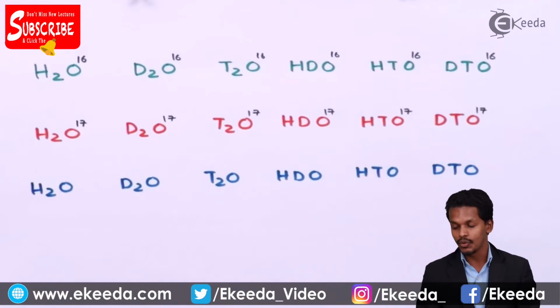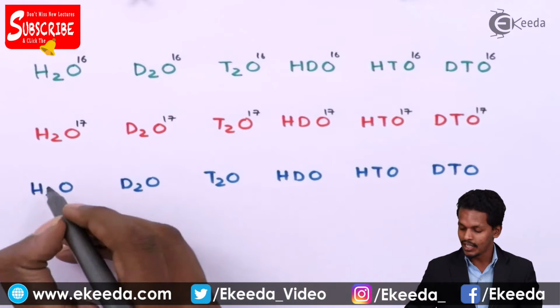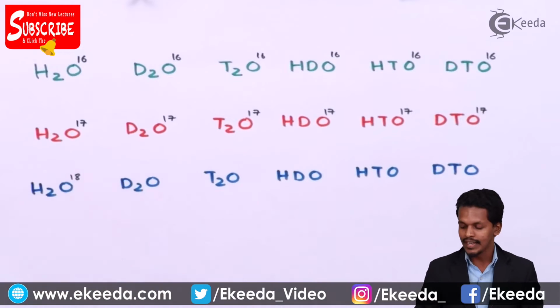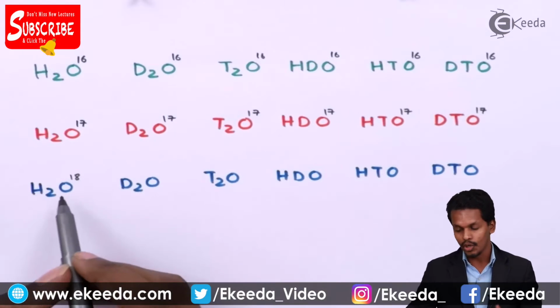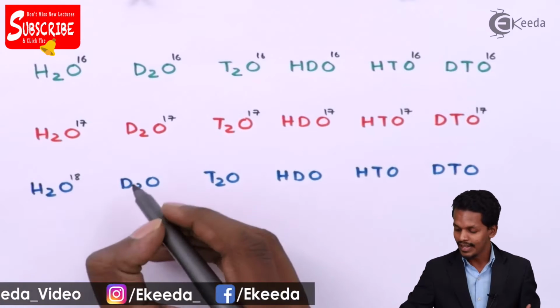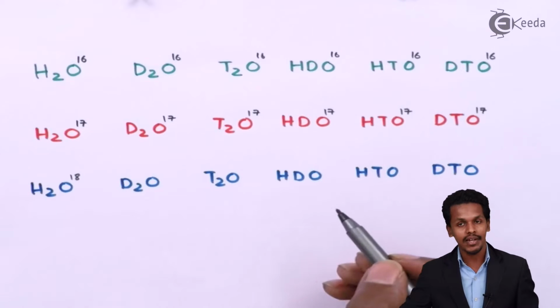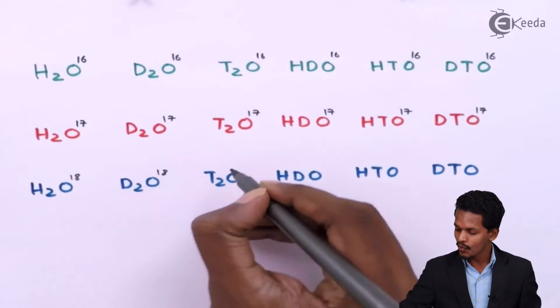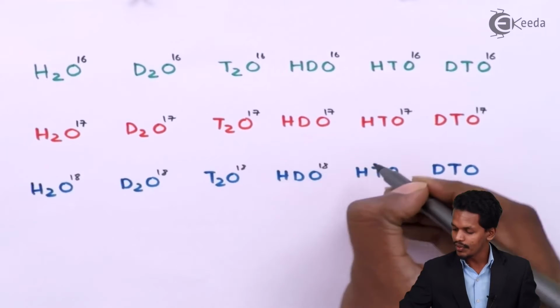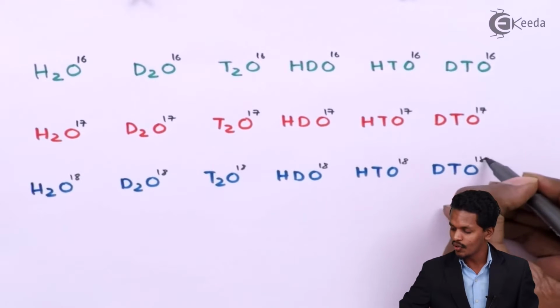And this is the one which has an atomic mass number of 18 for the oxygen atom here. And here you could see the different types of isotopes of hydrogen also present. So this is what I was talking about, the isotopic varieties of water.